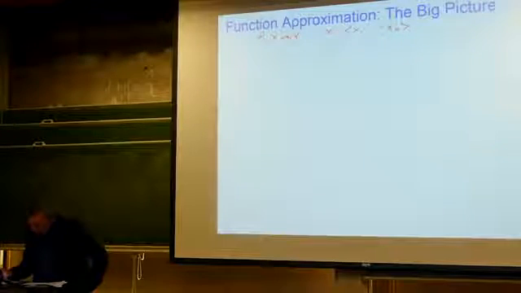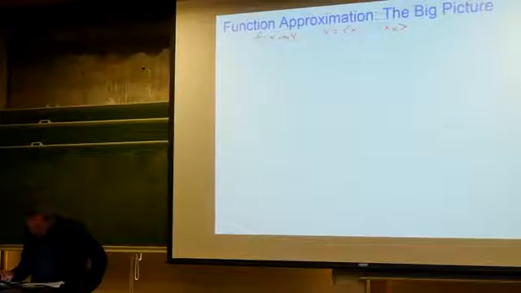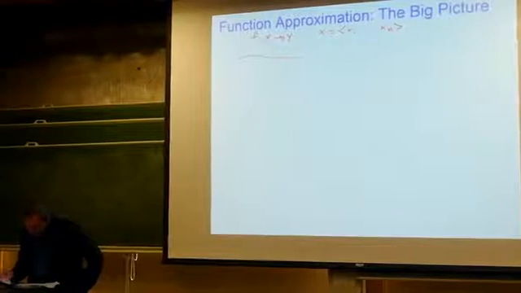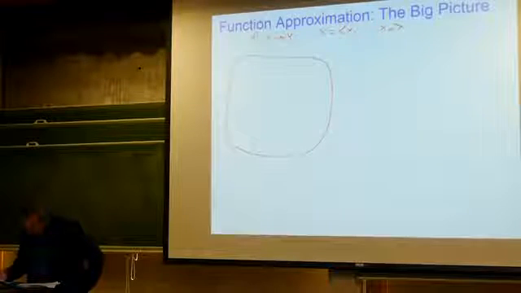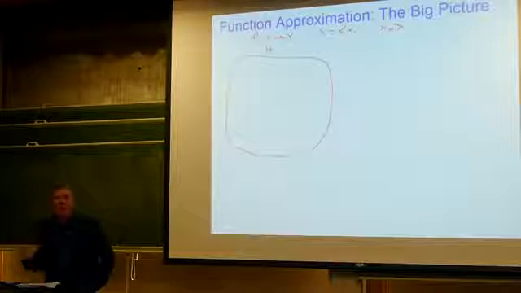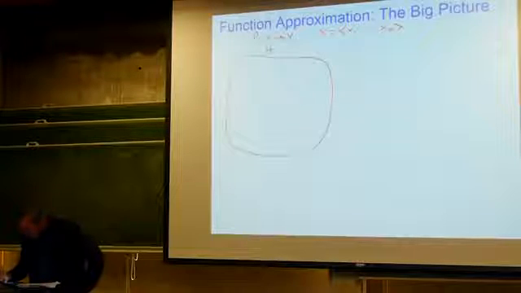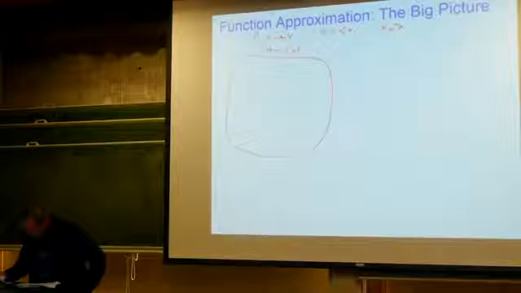Think of the space of all possible hypotheses. I'll call this H. It's just the set of all the possible hypotheses, the set of decision tree functions in our case.